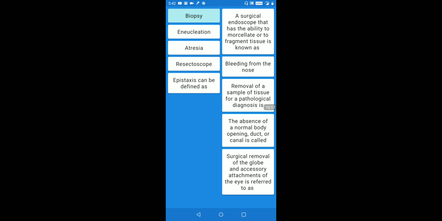It sounds right. A surgical endoscope that has the ability to morcellate or to fragment tissue is known as. I'll go with this one. Removal of sample tissue. Oh yes, I get it. You see, you just have to break it down. Think slowly when you're doing a test or something.